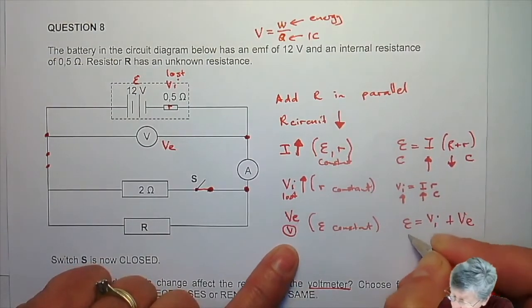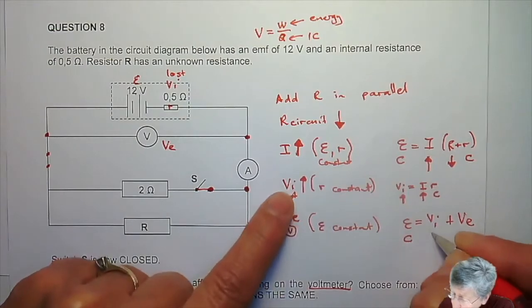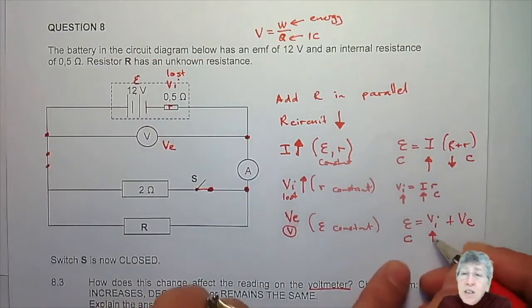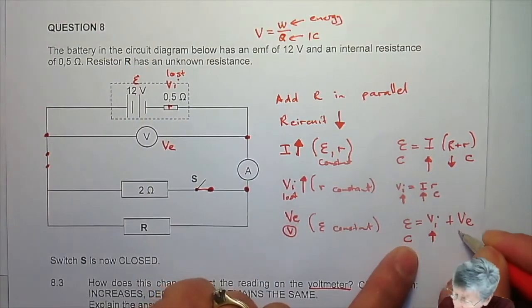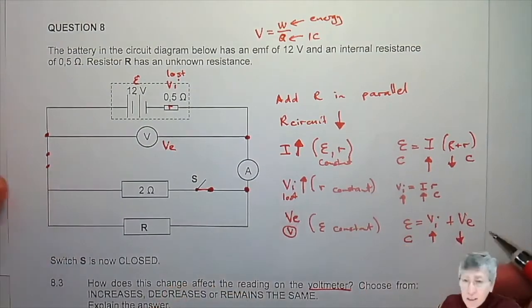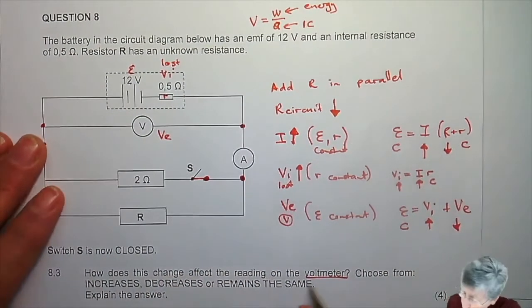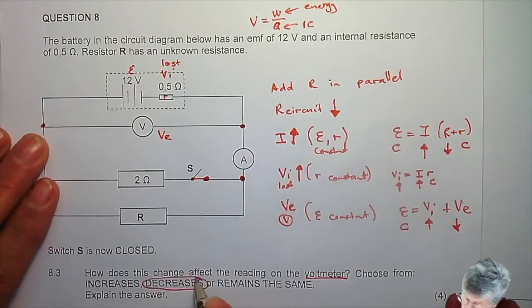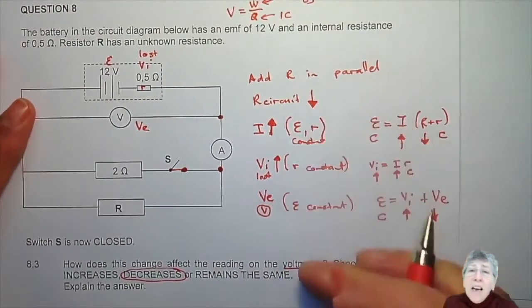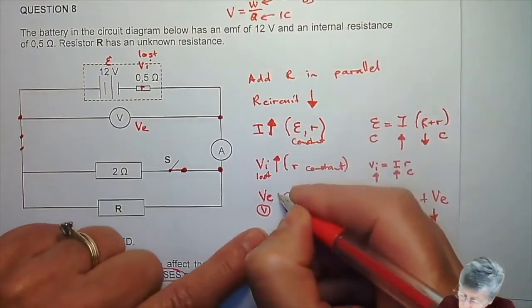And this one is going to stay constant, and we've just now worked out that the internal voltage will be more. More will be used up inside. So to get the same answer, the external voltage will be less. And that is the answer to my question. So it will decrease, and for the 4 marks, you have to say everything. So that one is going to decrease.